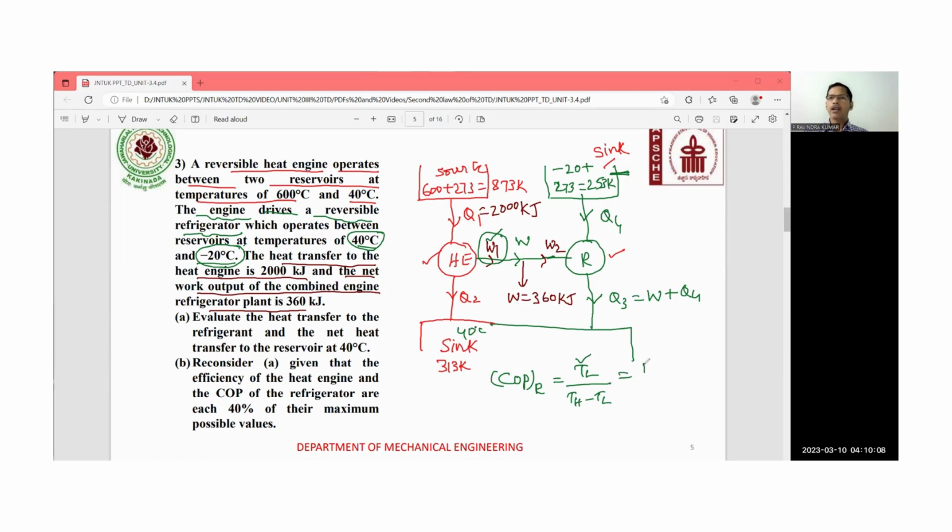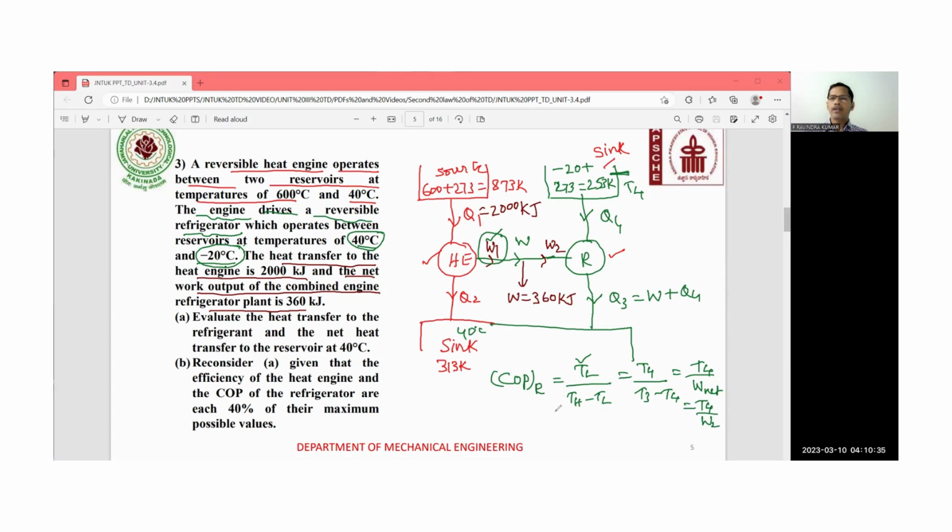So TL, or here T4, is T4 divided by T3 minus T4, and T4 divided by W net, that is W2.